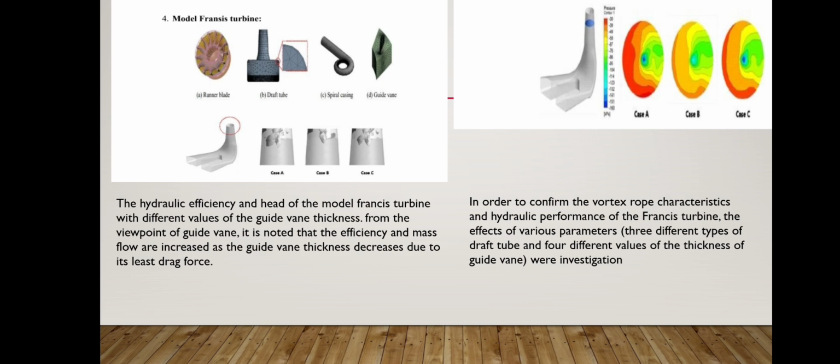The hydraulic efficiency and head of the model Francis turbine were studied with different values of the guide vane thickness. From the viewpoint of the guide vane, it is noted that the efficiency and mass flow are increased as the guide vane thickness decreases, due to its least drag force.